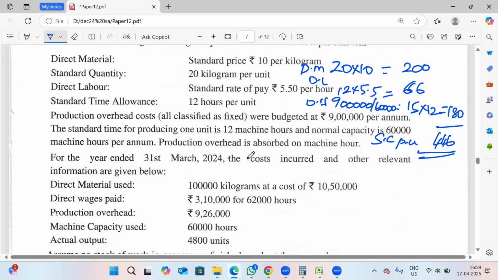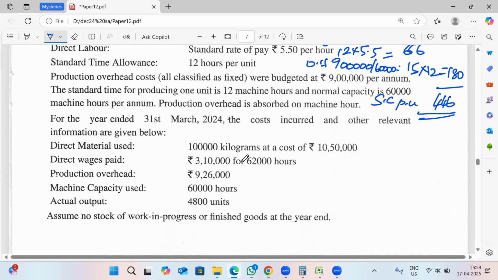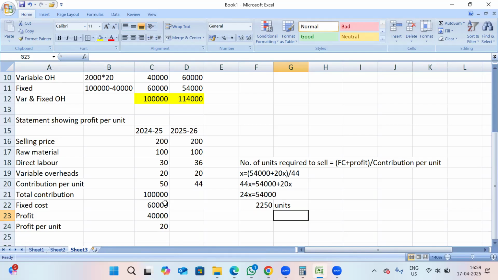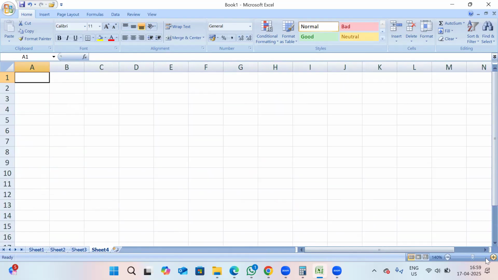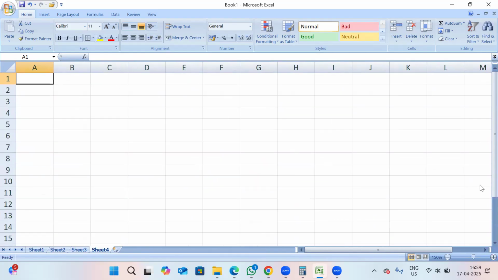Now let's move on to calculating variances. I need to calculate all the variances, material, labor, everything. First, I'm going to prepare a statement for the material variances.